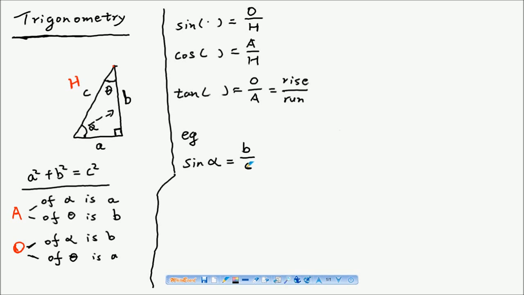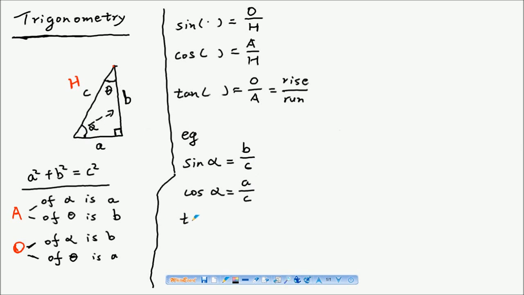And cos alpha equals adjacent on hypotenuse. The adjacent of angle alpha is a, so it's a divided by c. The hypotenuse never changes.